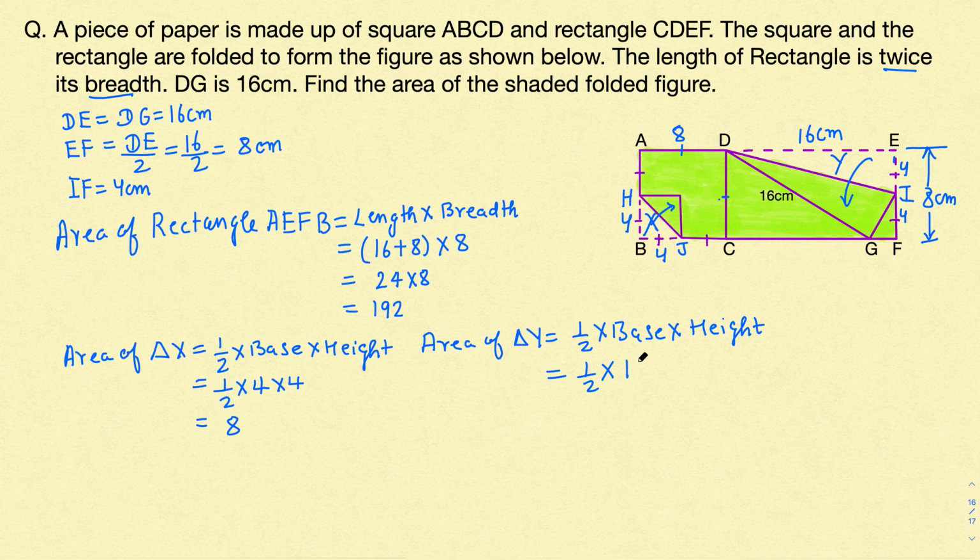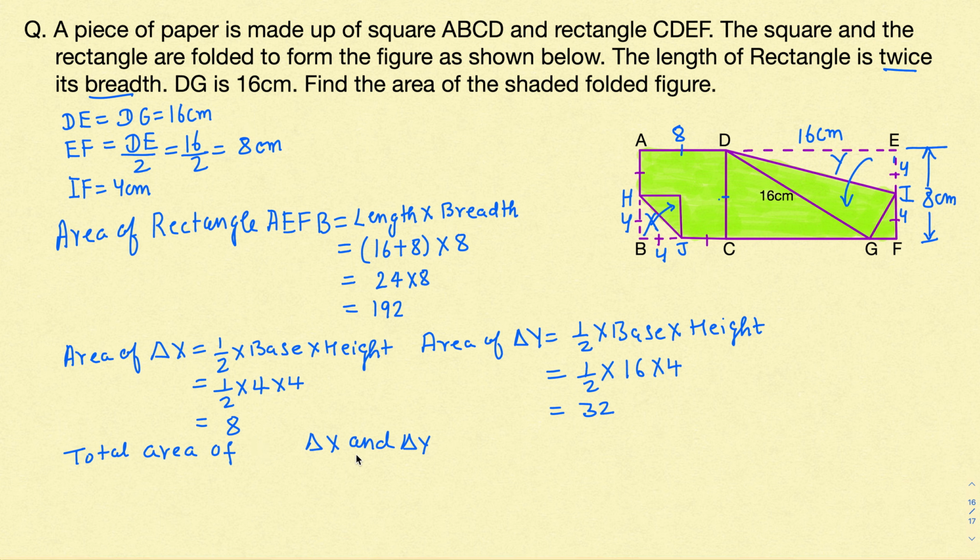So here the base is 16 and the height is 4. If you calculate it, you will get 32. So the total area of the two triangles X and Y.